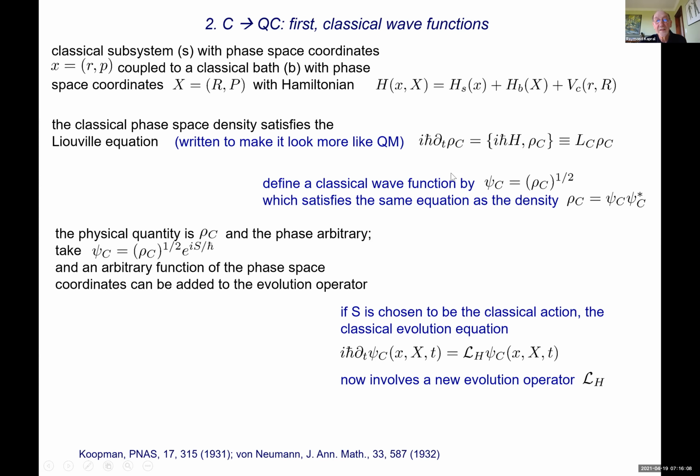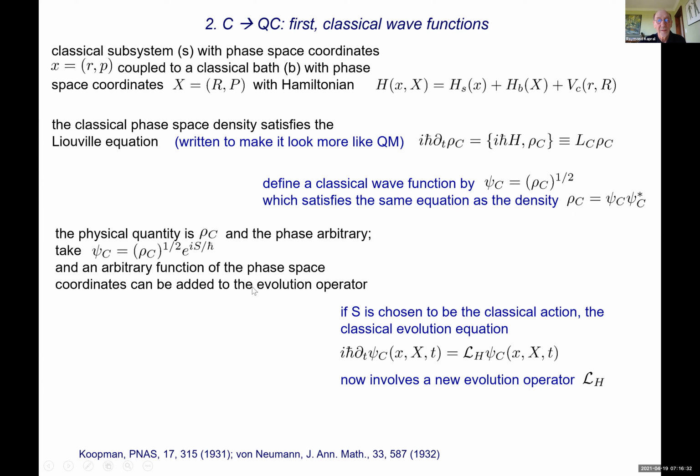So you can define, following Koopman and von Neumann, a classical wave function by taking the square root of the density. And in particular, because the density is the only physical quantity, you can associate also an arbitrary phase with the wave function.